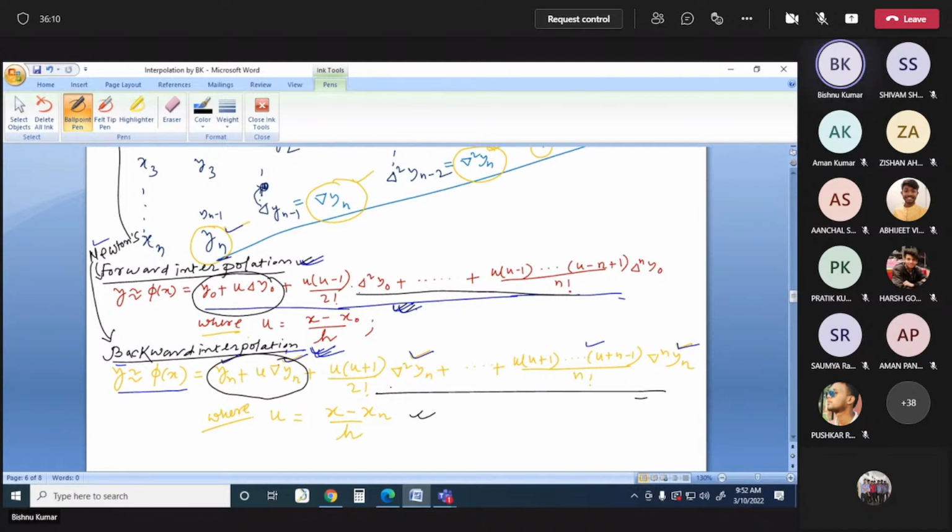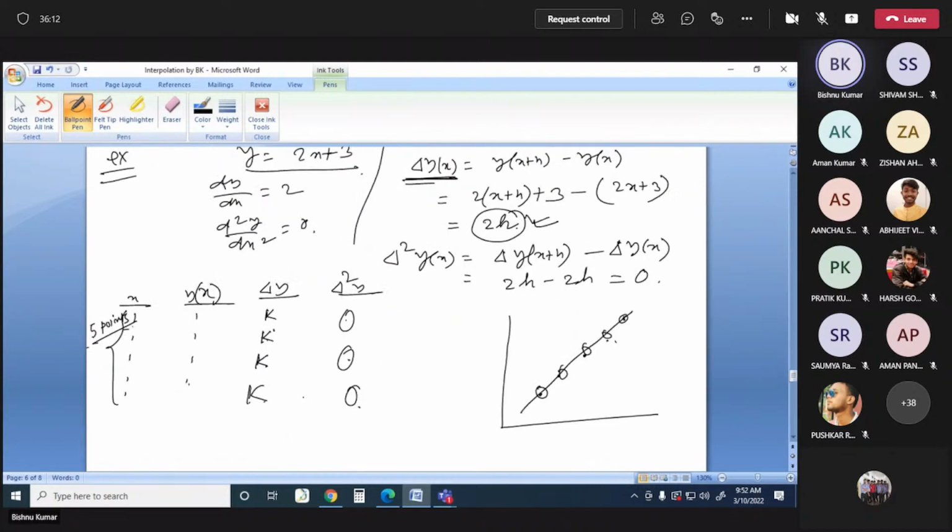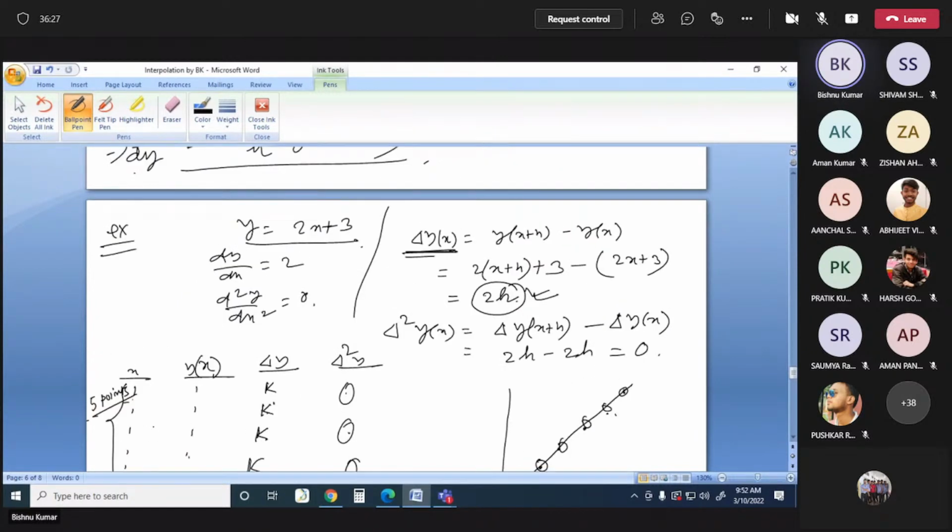So from the calculation of the difference table you may decide exactly which degree of polynomial we are going to have for these data sets. After constructing the difference table, you may decide, because it looks like the derivative operator.